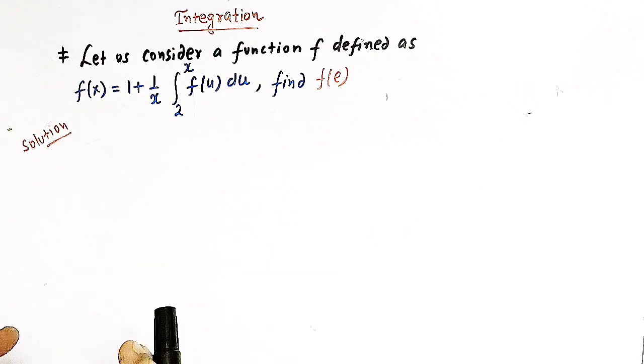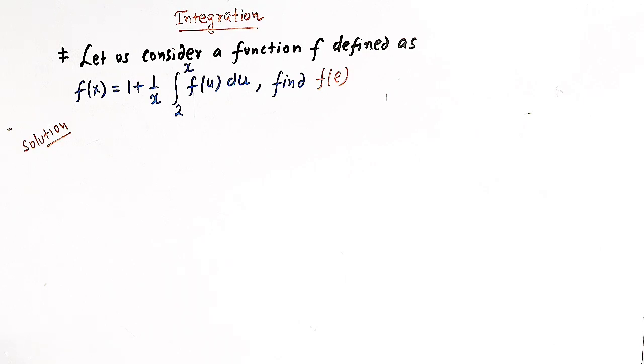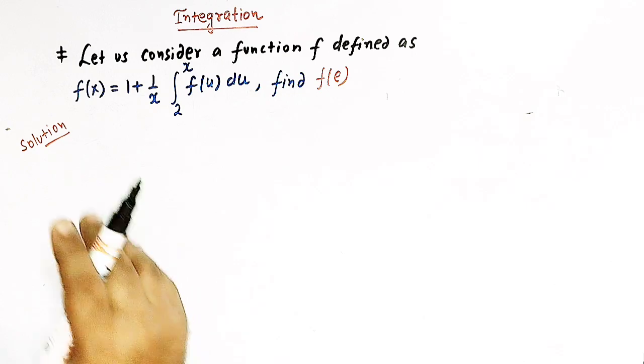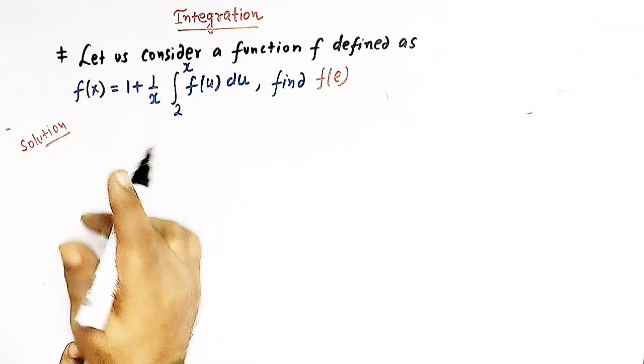So to solve this problem, we have to make use of the concept of derivative and an important theorem from definite integrals, right? So let us solve this easy problem by using the concept of derivatives and definite integrals. So let us first multiply throughout by x, right?